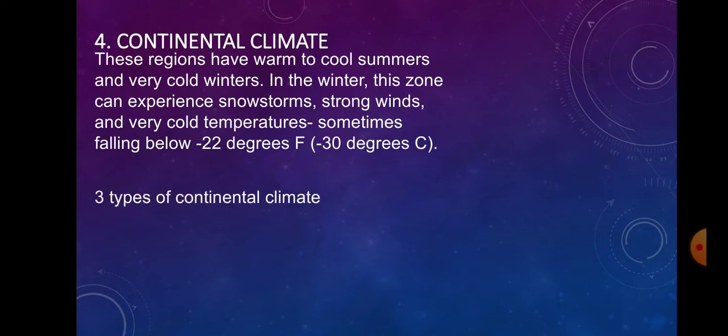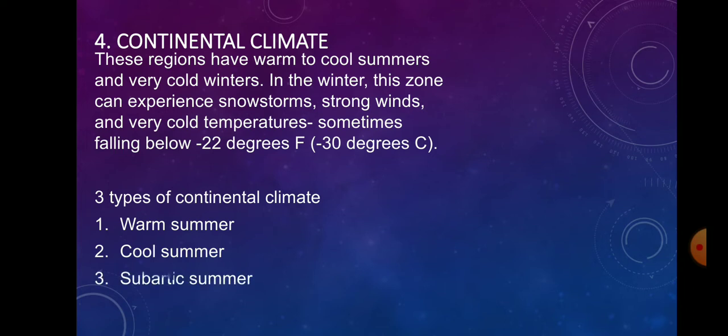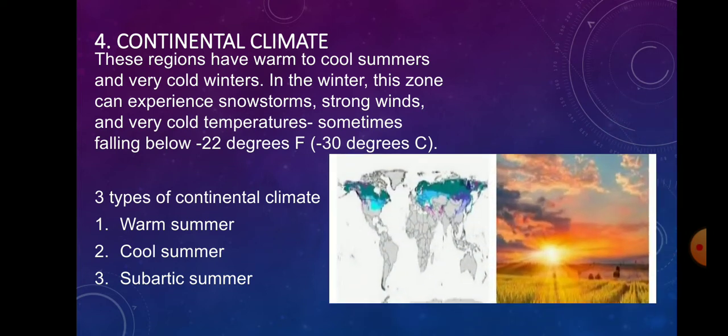We have three types of continental climate. The first one is warm summer, which has wet seasons, followed by cool summer, which has winters with low temperature and snow. The last type is subarctic summer, where the north of regions have cold summer climates. All in all, these climates experience extreme seasonal changes.